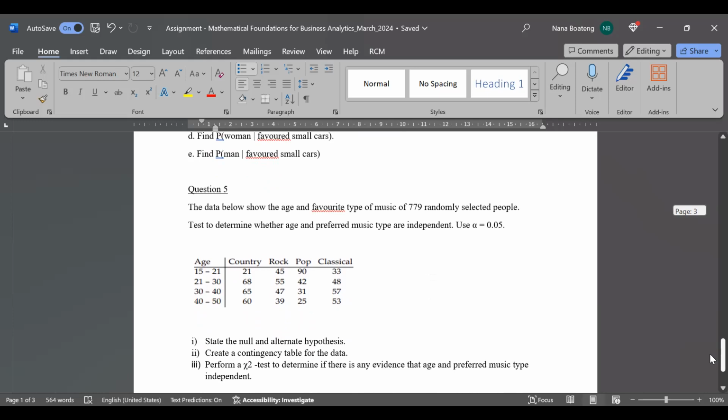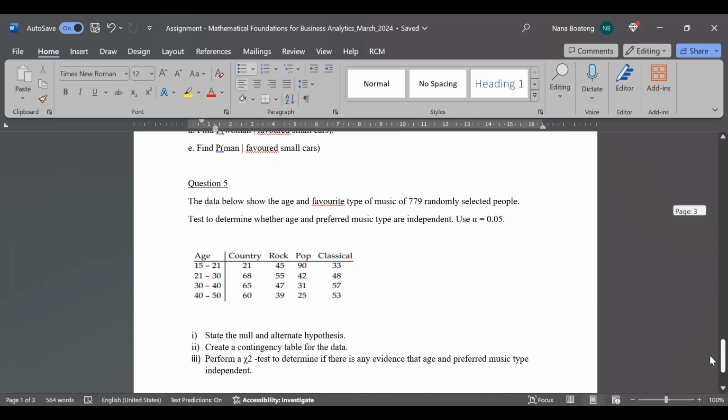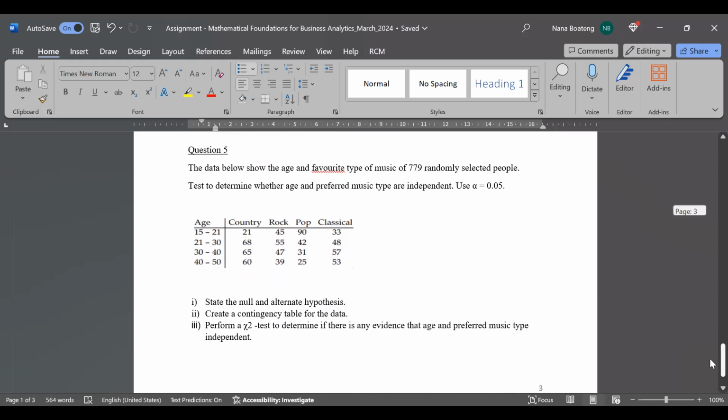The data below shows the age and favorite types of music of 779 randomly selected people. Test to determine whether the age and preferred music type are independent. Here you're using an alpha of 0.05. You have the age and then the type of music.